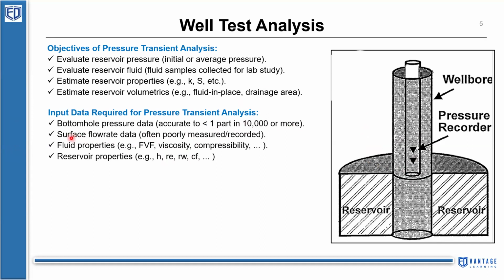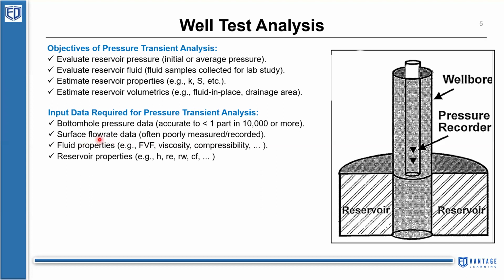Also, we require surface flow rate data, because this flow rate data is important to evaluate the drawdown test. When we look at the build-up test, we need to flow the well for some period of time, usually 8 hours in industry practice, because we want the pressure to stabilize and then we suddenly shut in the well.